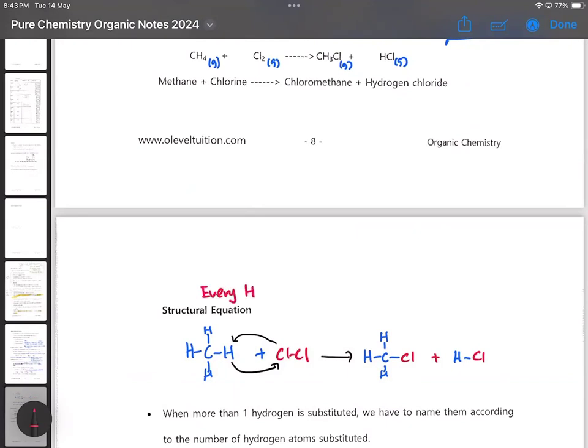For every hydrogen that is to be substituted, you will need one Cl2 molecule.